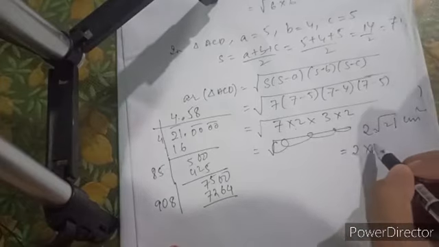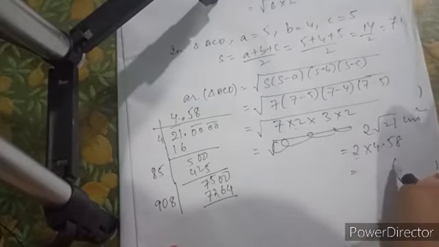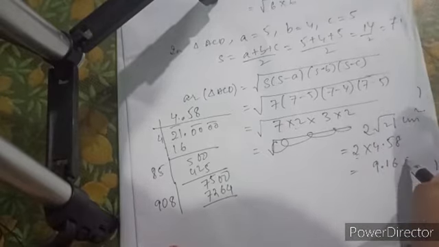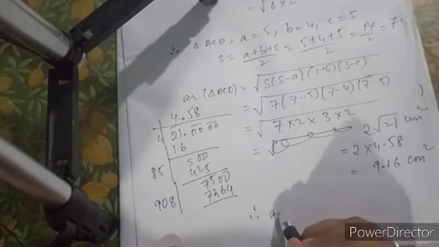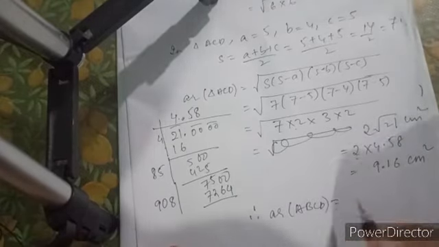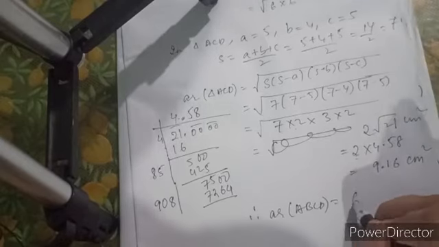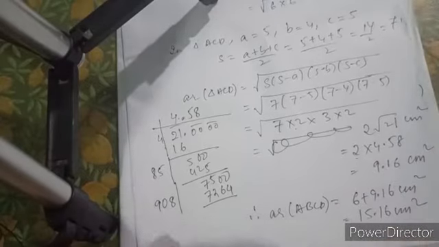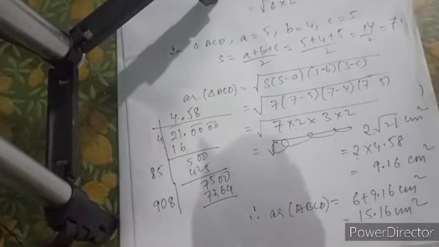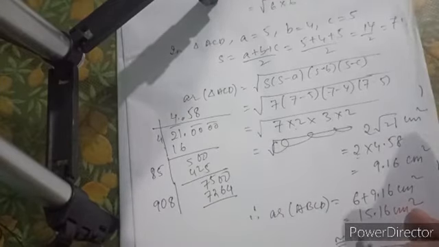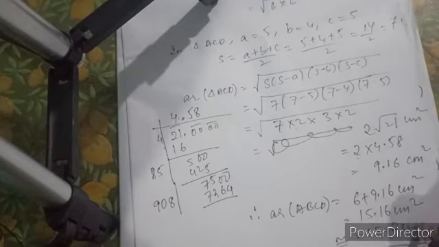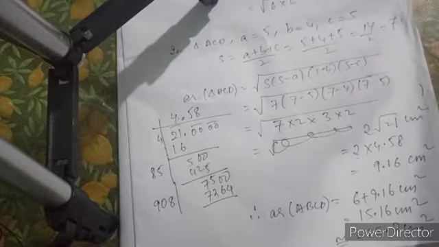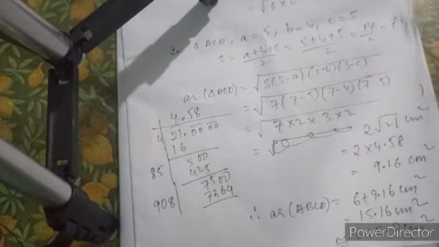So approximately 2 into 4.58, 9.16 centimeter. So therefore area of quadrilateral ABCD will be again the sum of 6 plus 9.16 centimeter square, that is 15.16 centimeter square, or you can take approximately 15.2 centimeter square. Okay, so in this way we can find area of quadrilateral using two triangles.